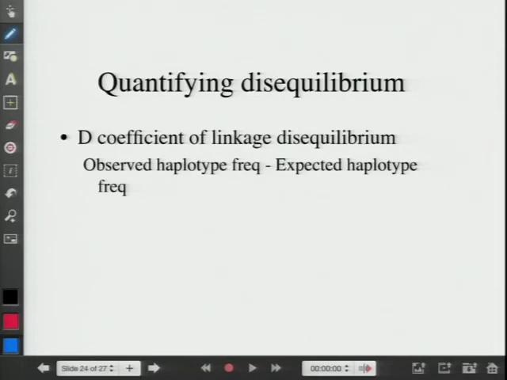You can then assess how far from equilibrium the alleles at these loci are. Why is it called linkage disequilibrium? What would equilibrium be?